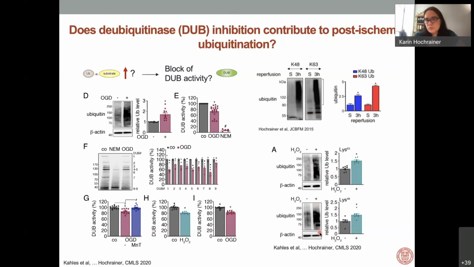What we're doing right now is screening for the deubiquitinases that are affected here. There are about 100 of them in mammalian cells, and I hope to find something interesting there soon that I can report to you.